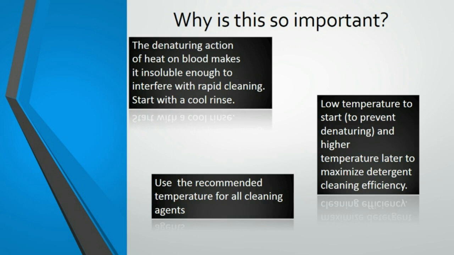We can denature it and actually make it much harder to dissolve and wash away, and make it much more adherent to the surface of the instrument that we're trying to take it off from to begin with. So low temperature to start to prevent that denaturing, and then your higher temperature later to maximize your detergent cleaning efficiency is really the best way for your water temperature to go throughout your cleaning process.